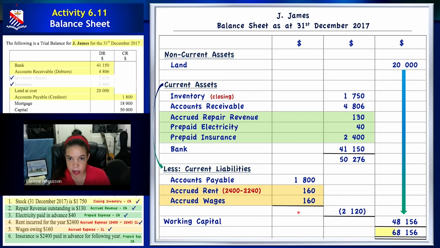Your first total, because it's broken up, remember, into the two. So your first total, 68,156. And that's it for the first part, and that's the accrual and prepayment part of it. Okay?